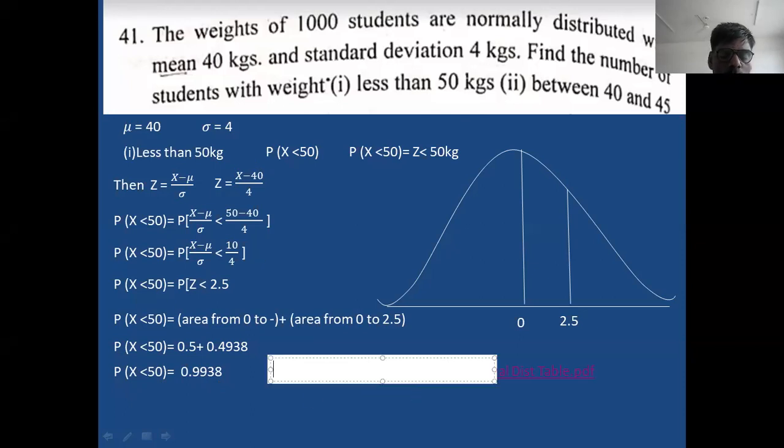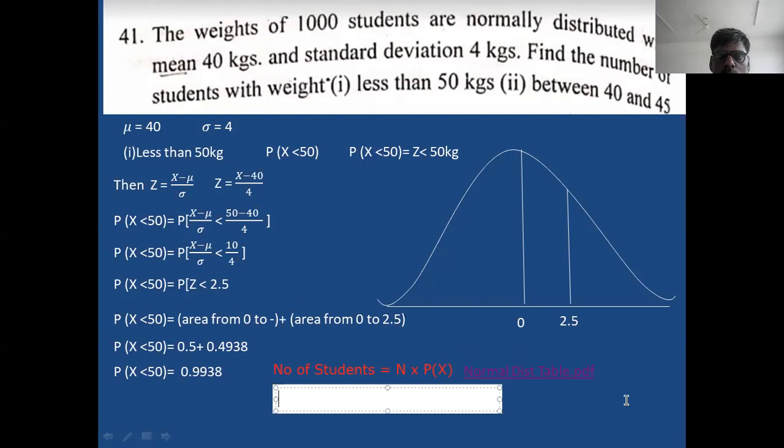So number of students is equal to N into probability of x. This is the probability value, then the number of students is required. You multiply the N value with the probability of x.